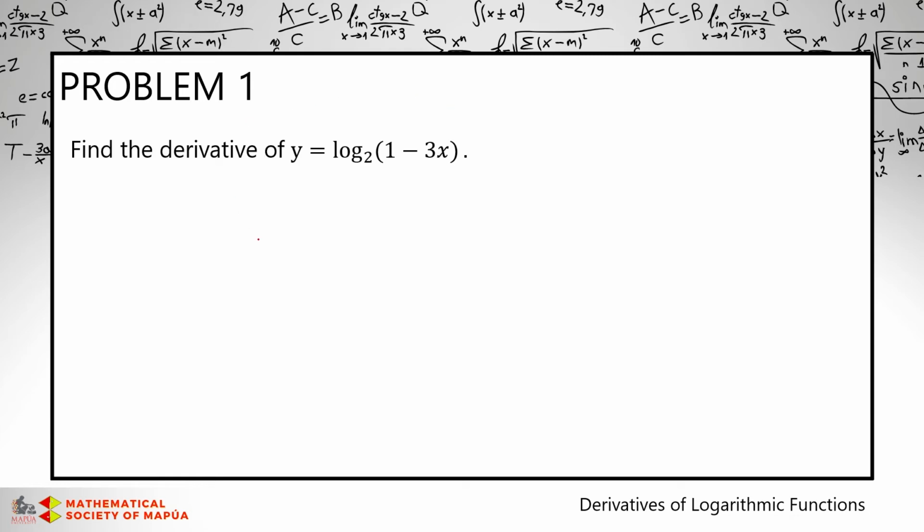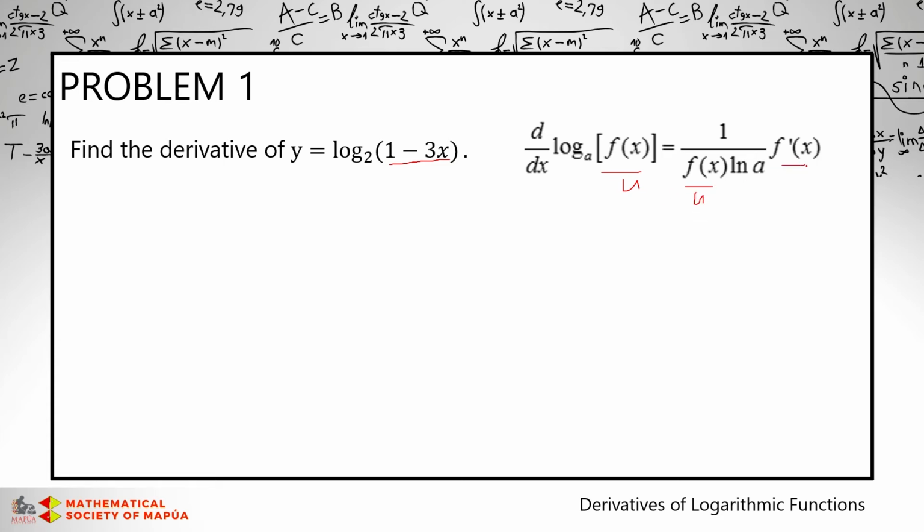So find the derivative of y equals log of 1 minus 3x base 2. So katulad niyan, di ba? Hindi lang siya x, function na yung laman niya. So ito yung gagamitin natin. Wherein, katulad na sinabi ko nga, ito ay u. Para mas familiar kayo, ito is u.